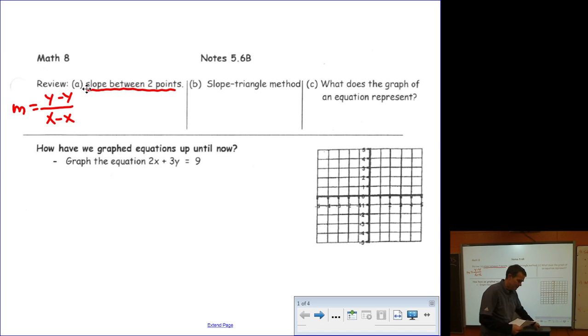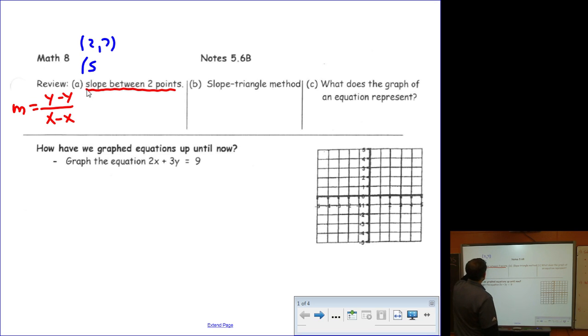For example, if I had the points 2, 7 and 5, 9, and I wanted to calculate the slope between those points, I could plug them into the slope formula by saying 9 minus 7 over 5 minus 2. That would be a slope of 2/3, and I'm done.